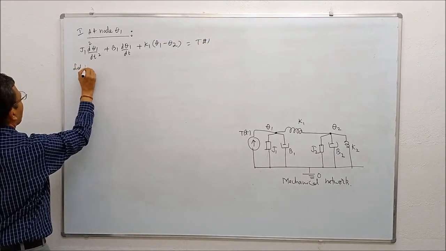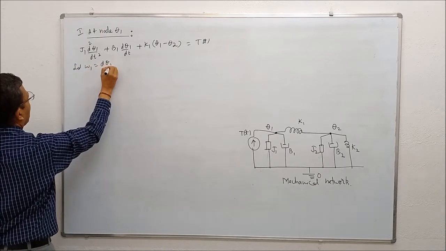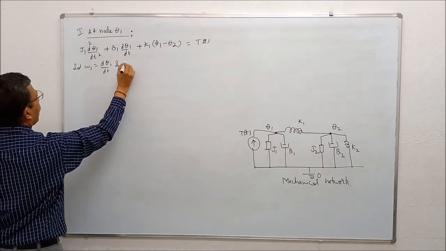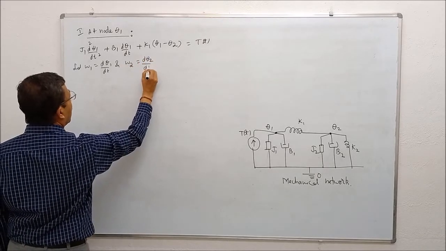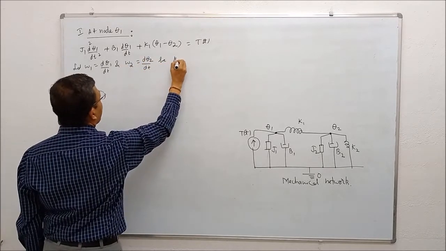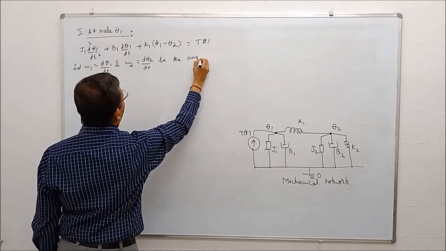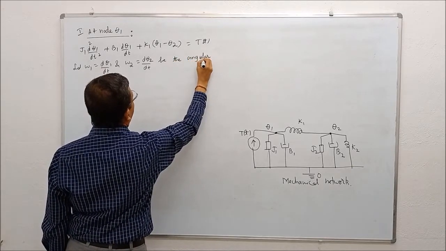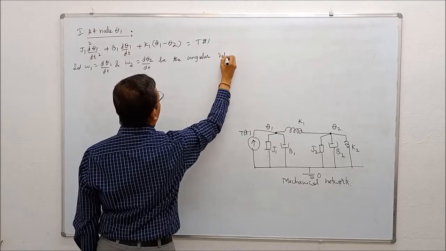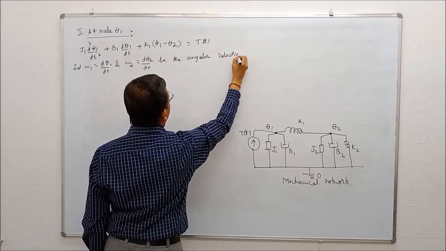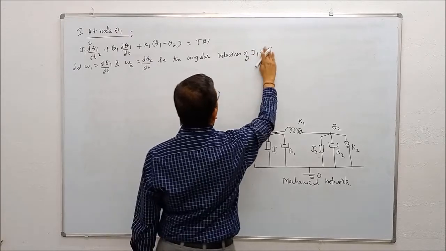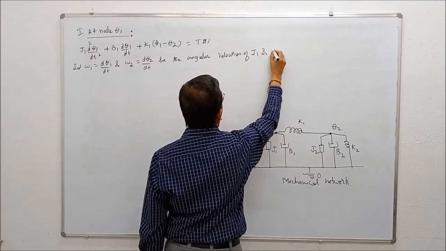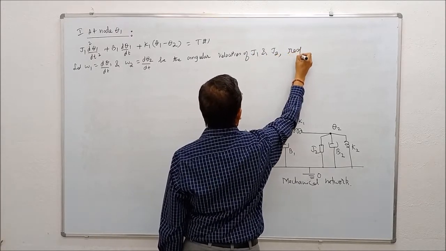Let ω1 = dθ1/dt and ω2 = dθ2/dt be the angular velocities of J1 and J2, the moments of inertia J1 and J2 respectively.